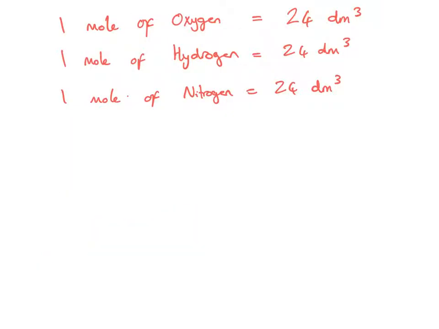So it means these statements are true: 1 mole of oxygen is 24 decimeters cubed volume, and these are all at room temperature and pressure. 1 mole of hydrogen at room temperature and pressure is 24 decimeters cubed. 1 mole of nitrogen, again, is 24 decimeters cubed.